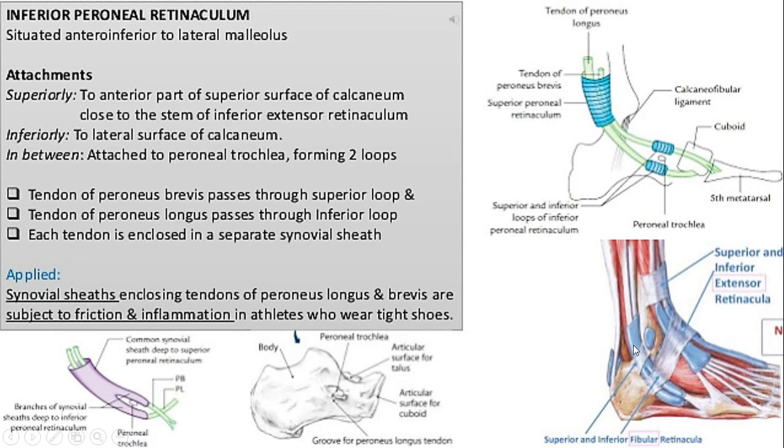Moreover, in the common synovial sheath, there is more chance of tenosynovitis, which is the inflammation of the synovial sheath and the peroneal tendons. Whereas in the inferior peroneal retinaculum, the tenosynovitis is less common.